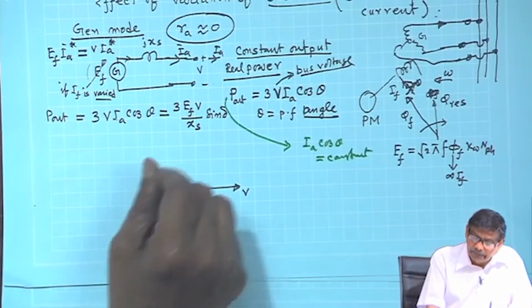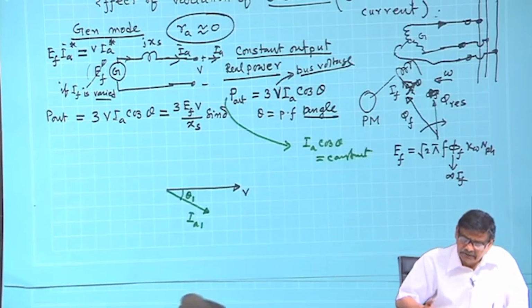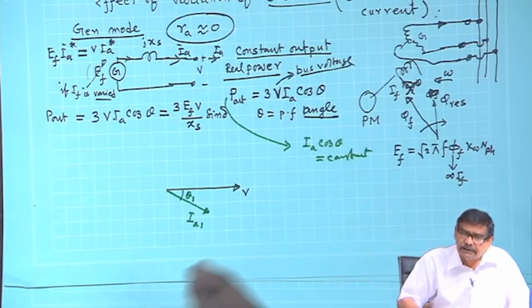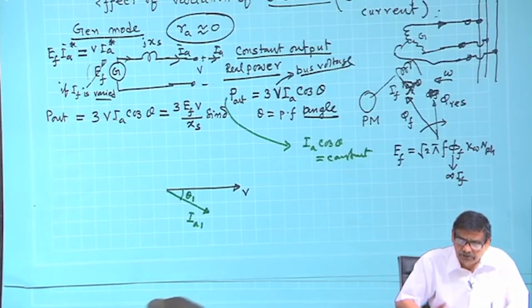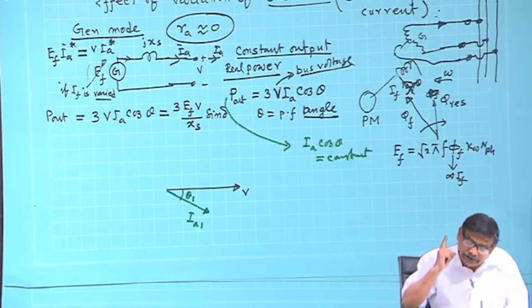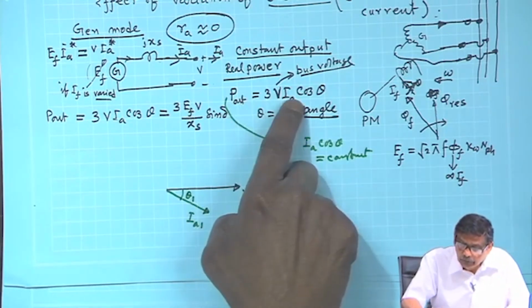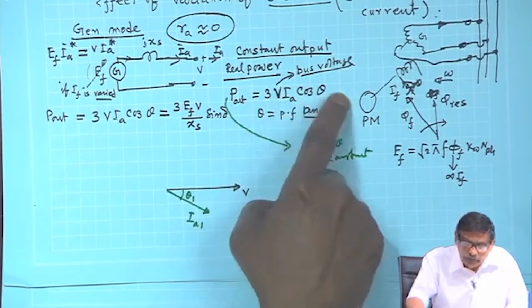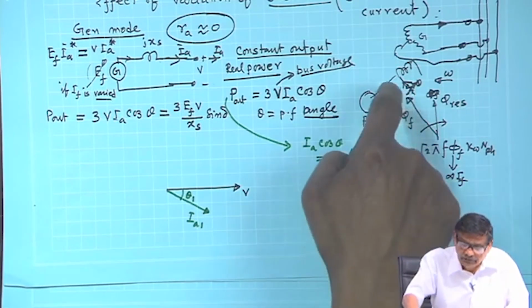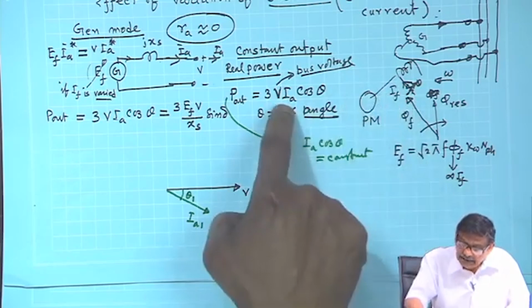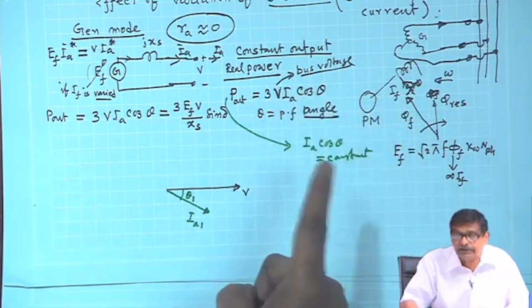Therefore, as I play with the field current, perhaps the magnitude of I_A will change, perhaps theta will change, I am not sure at this stage, but what I will demand is that since the output power is constant, no matter how you play with your field current, this product I_A cos theta has to remain constant.